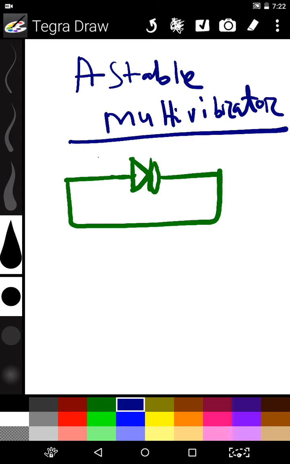Because if we give an input to terminal A, let's say Y is the output terminal. If we give input 1 to the A terminal, the output will be 0. After how much time? After the propagation delay TPD.